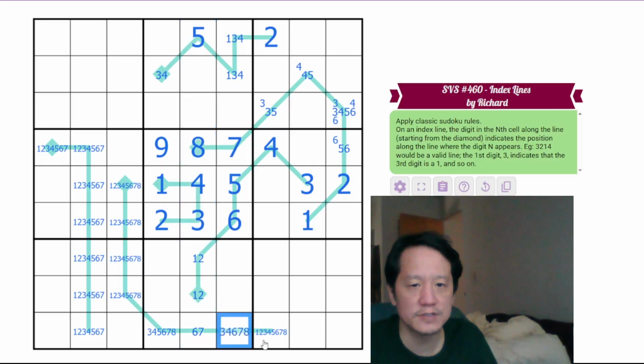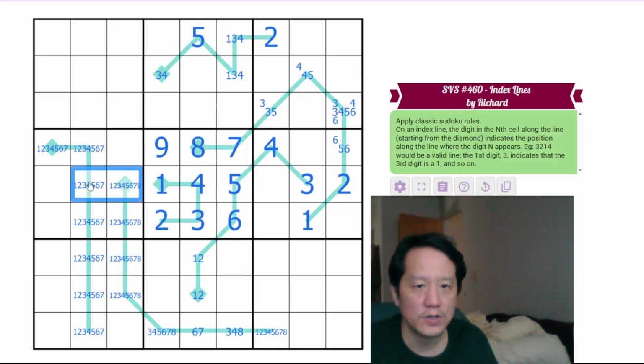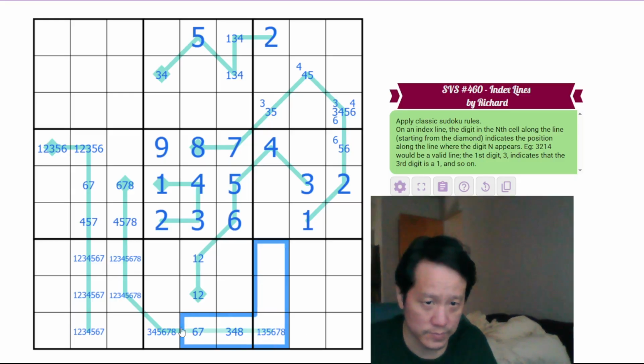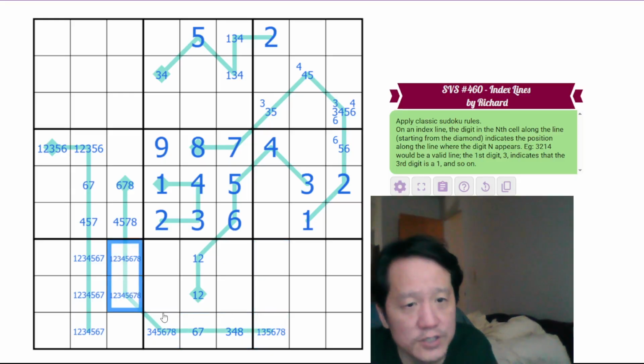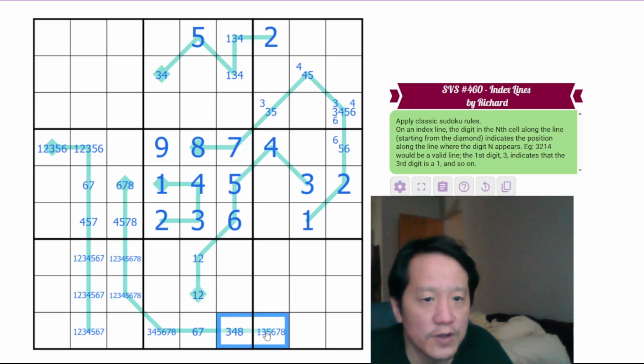No 5, 6, 7 here because of 5, 6, and 7 in the column. No 1 through 5 here. No 4 or 7 here. No 1, 2, 3, 6 here. And no 2 or 4 here.